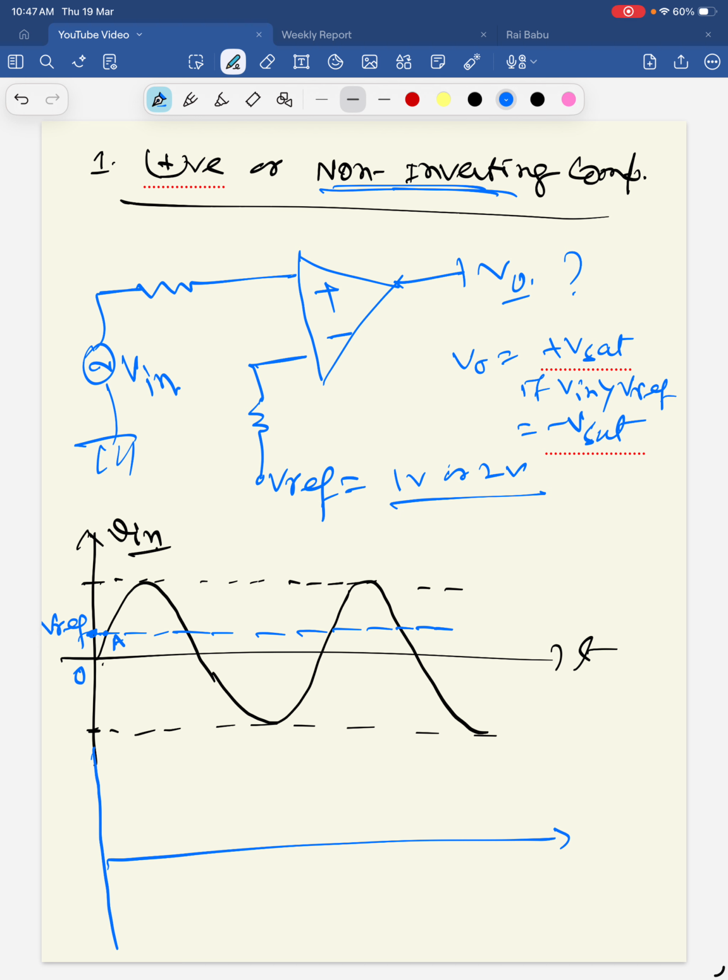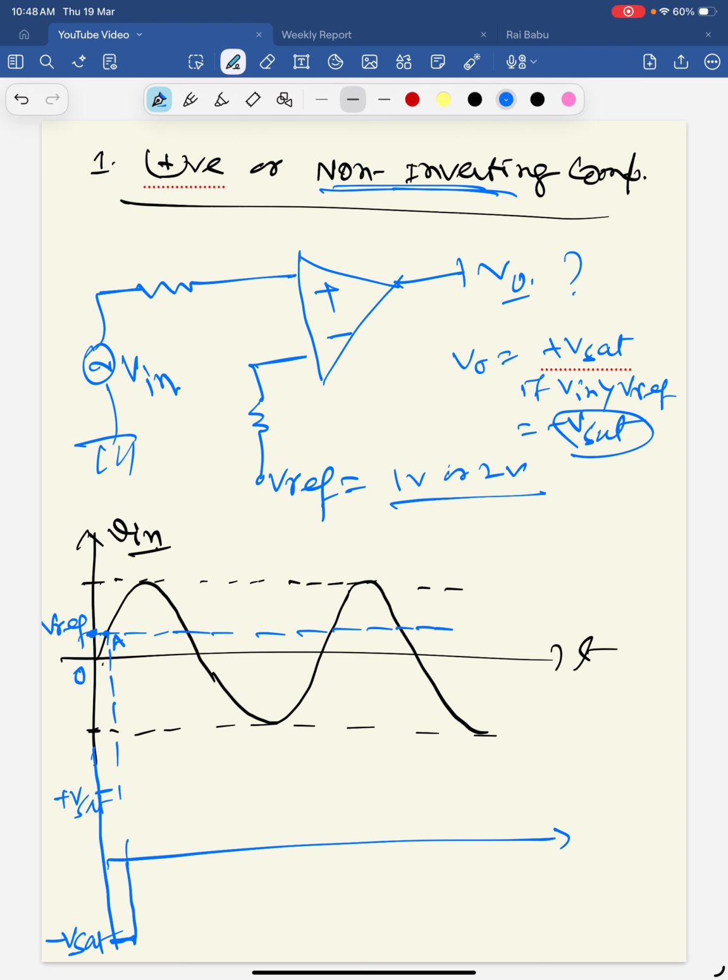So the output will start at minus V sat. As V in is less than V reference, it should be at minus V sat.